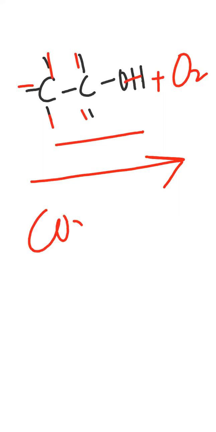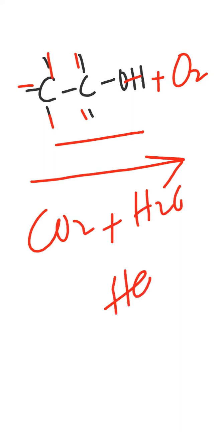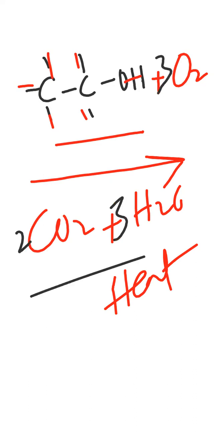It will give you carbon dioxide and water molecules and some heat energy. All you have to do here is balance the equation. Let me balance it for you. You have to write 3 here, 3 here, and 2 here. You can practice balancing this equation. So the combustion reaction of organic compounds or hydrocarbons is very easy, but you should know how to balance the equation.